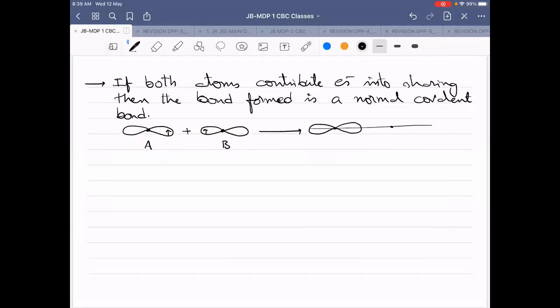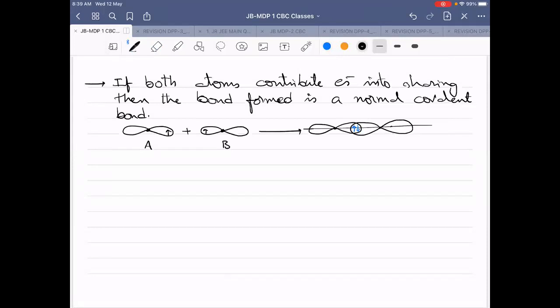I will come back to that point also. Okay, so these are the bonded electrons. Got it? So this is a normal covalent bond.